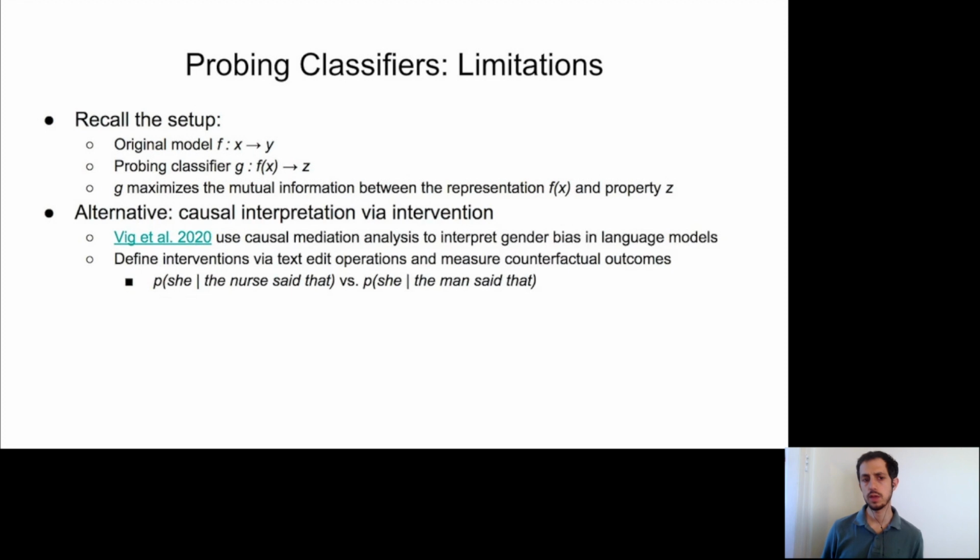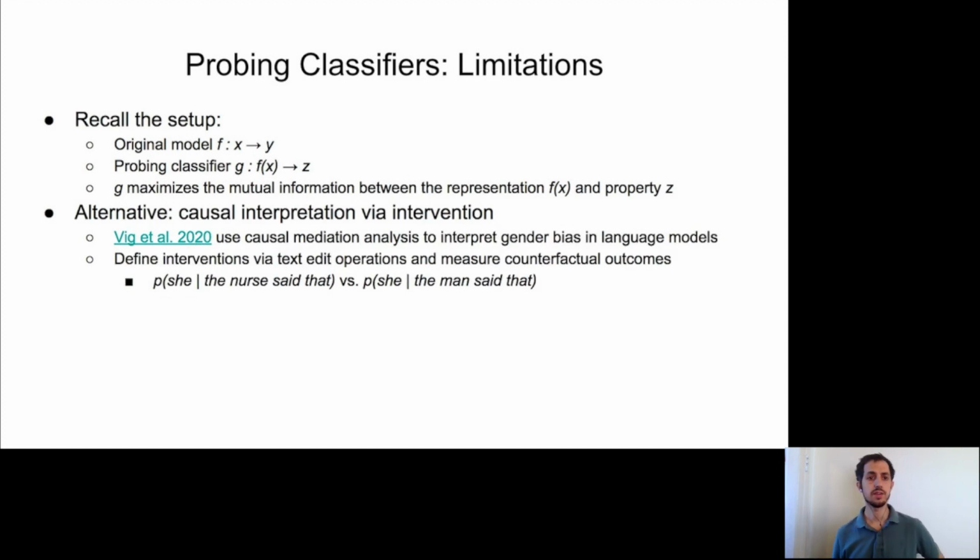The last study that we'll highlight is some of our recent work on applying causal mediation analysis for model interpretation. This is work by Vig et al. In this work, the idea is to try to interpret where gender bias occurs in language models.